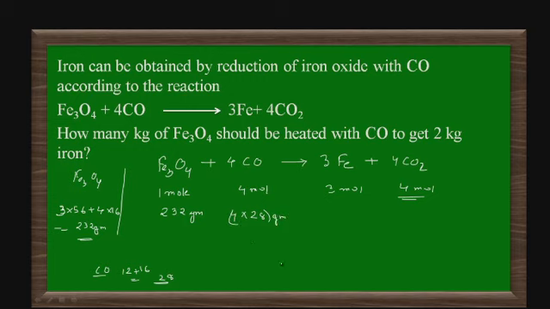And Fe, that is 3 into 56 gram, and 4 carbon dioxide. For carbon dioxide, the molar mass is carbon 12 plus 2 into 16 oxygen, which is 12 plus 32 equal to 44. So 4 into 44 gram.